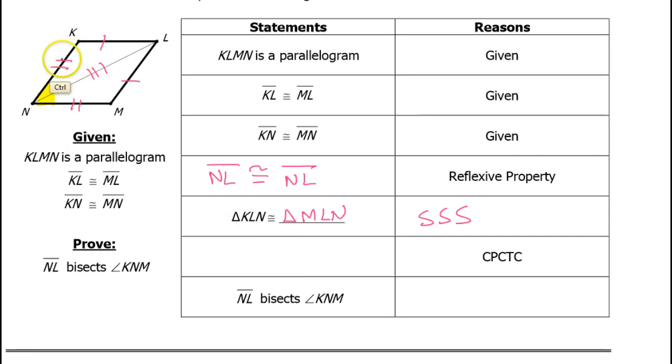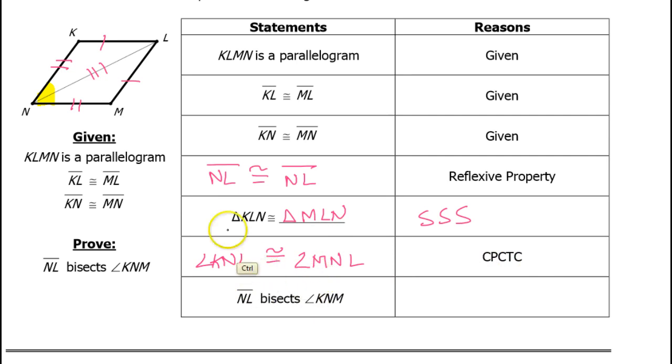For example, angle KNL, that would be the top half, is congruent to angle MNL, the bottom half, because these are corresponding parts of congruent triangles, CPCTC.